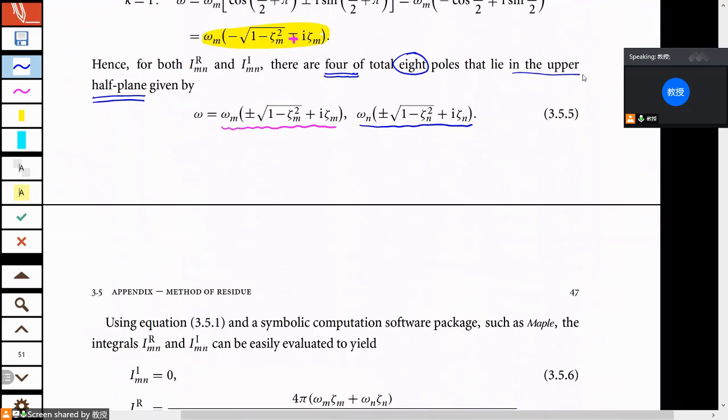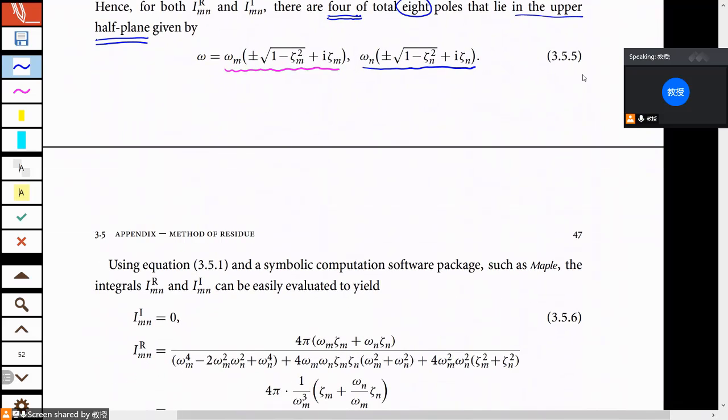Now you can use any symbolic computational software. I mentioned that Maple was developed at the University of Waterloo, and then you have Mathematica, and you may use MathCAD.